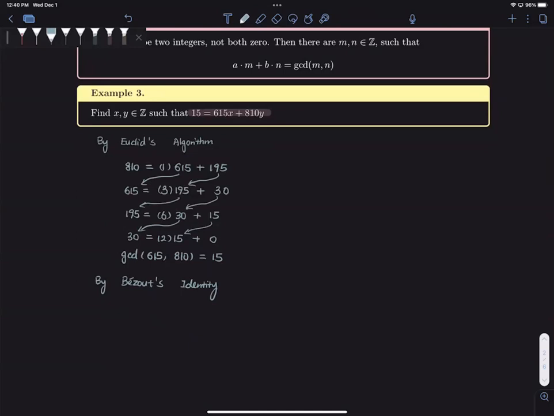I didn't know that. By the identity, we know that there exists an integer such that 15 equals to 615n plus 810n.